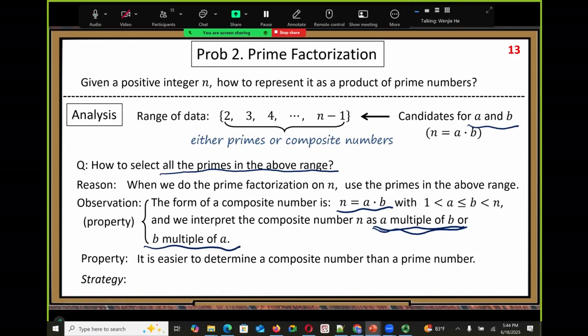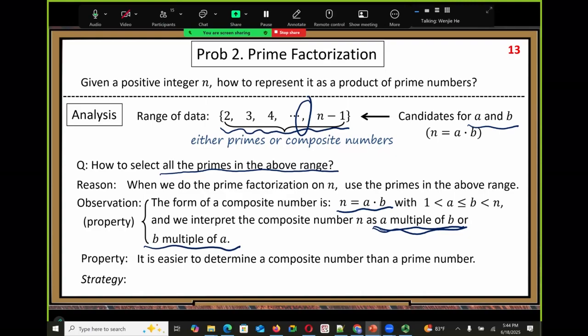Currently we want to find all the primes in this range. To determine if a given number anywhere in this range is a prime, remember we need to check all the possibilities, right?